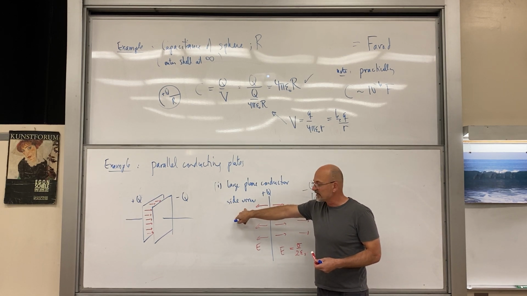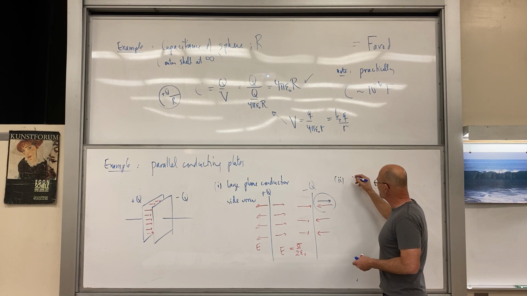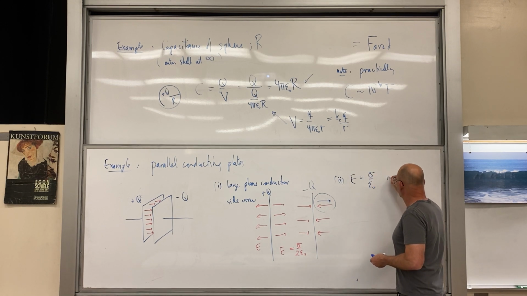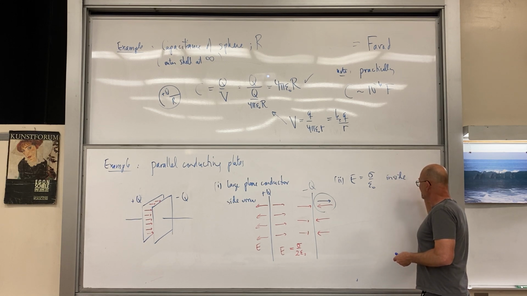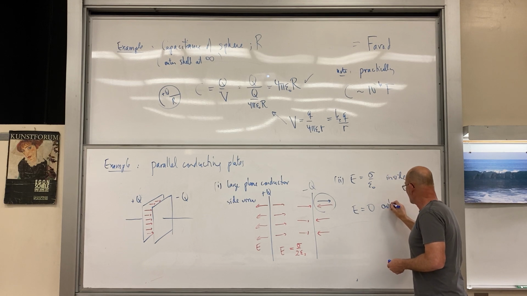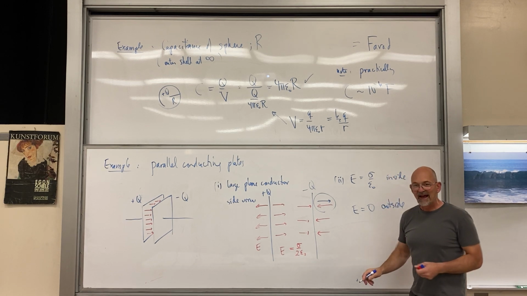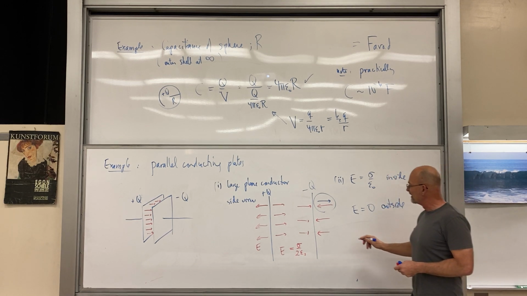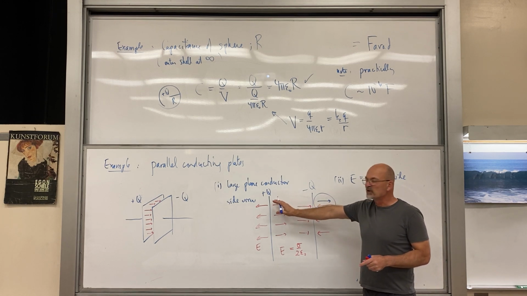Similar argument on the outside. So really, field E equals sigma over epsilon naught inside, and E equals 0 outside the capacitor, and edge effects are negligible.